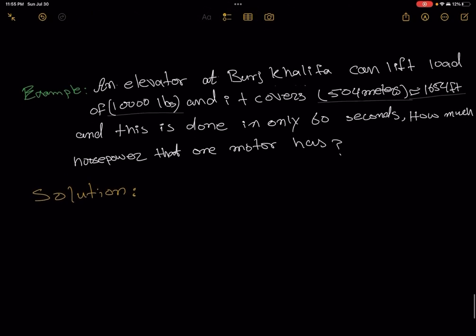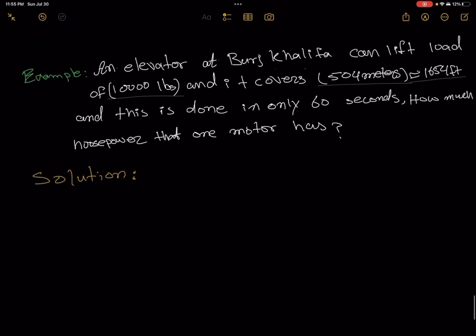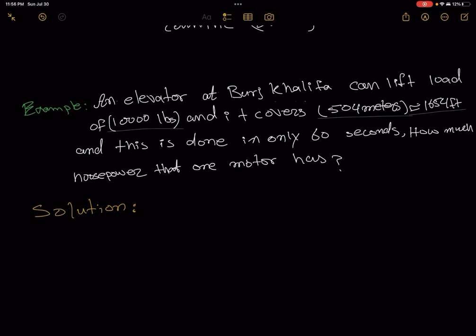Now let's do the last example, hopefully. An elevator at Burj Khalifa can lift a load of 10,000 pounds and covers 504 meters, which is 1,654 feet, and this is done in only 60 seconds.